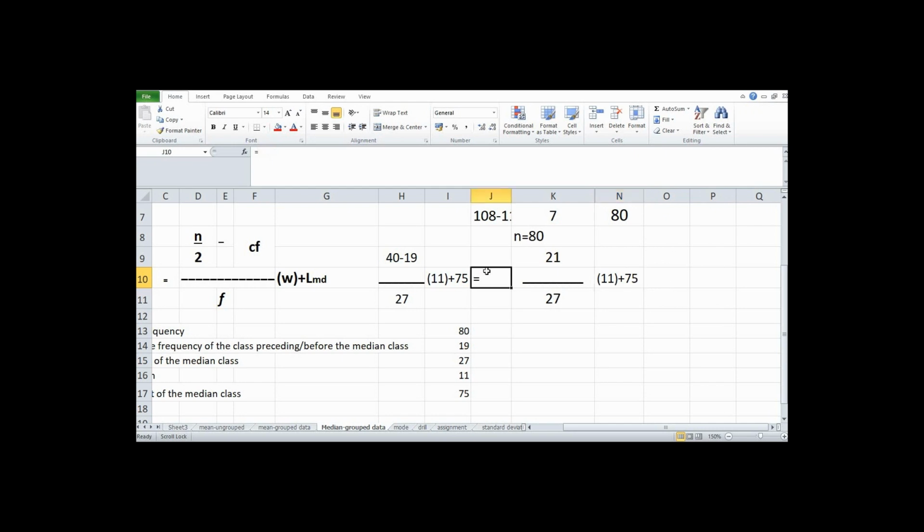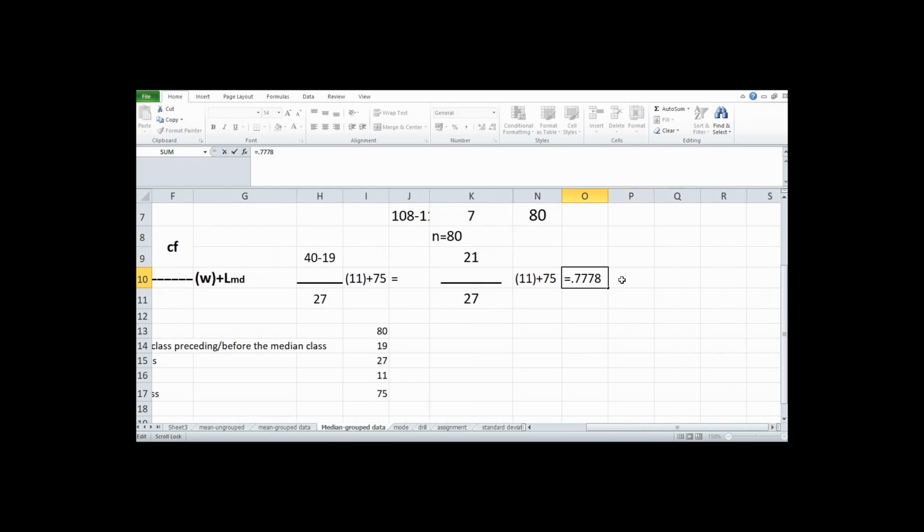Next, we need to find 21 divided by 27, that is 0.7778, rounded to 4 decimal places. Next, times 11 plus 75.